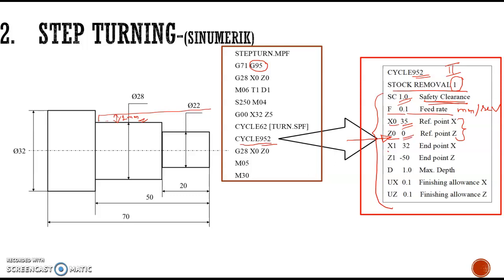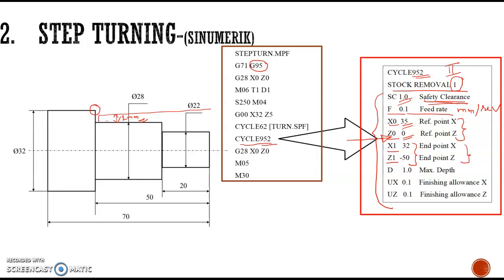Then X1, Z1 are the other endpoint reference points where we have to stop the cycle, that is the stock removal cycle. So this is the endpoint that is given like this.